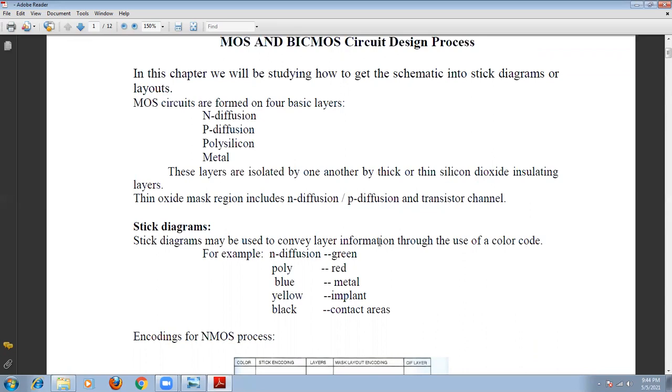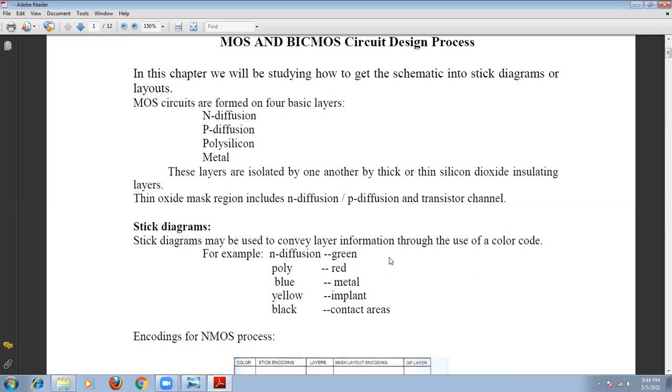Sometimes we have some other colors also, like black color and brown color. In case of CMOS structure, we use a brown color. Similarly, you can use the yellow color. In CMOS technology, the yellow color is used to identify depletion mode transistors.